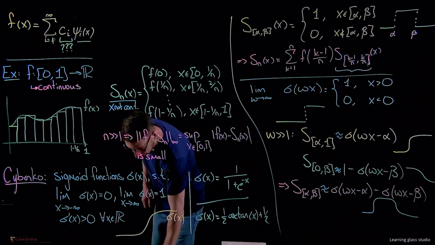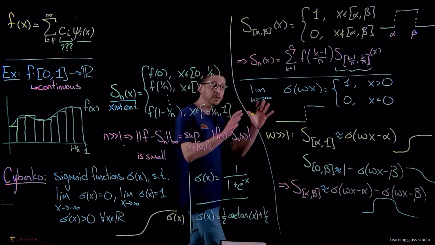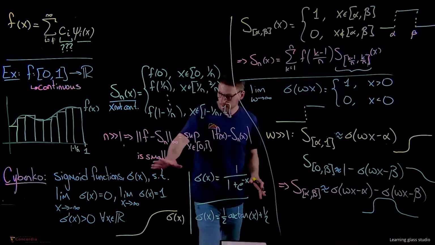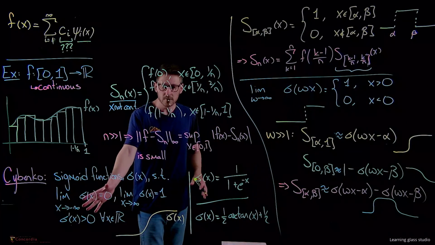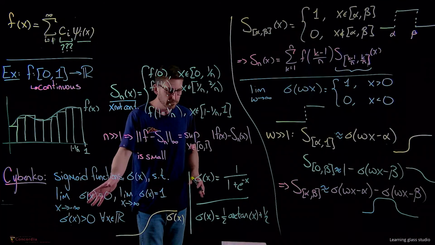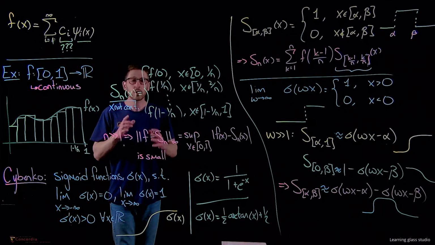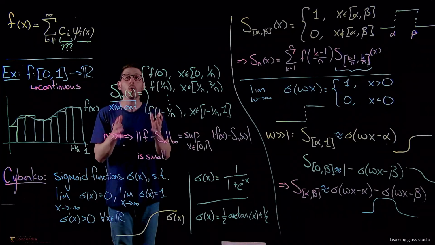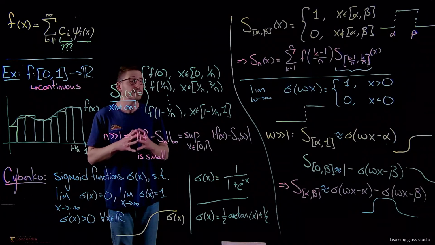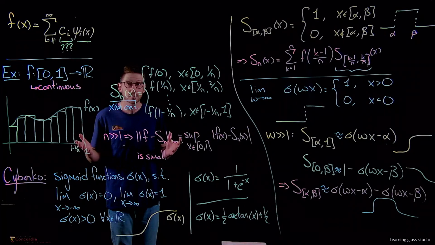Now here's the beauty. This works for every sigmoid function, as long as it satisfies Cybenko's assumptions. And it's self-similar. What do I mean by self-similar here? It's only using sigmoid functions. That's the only function in the whole basis expansion.